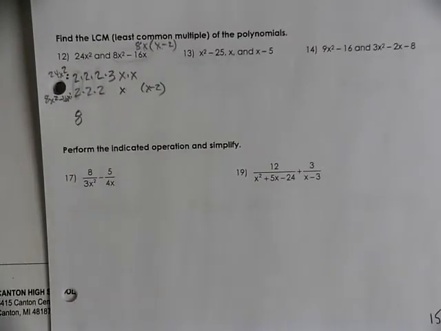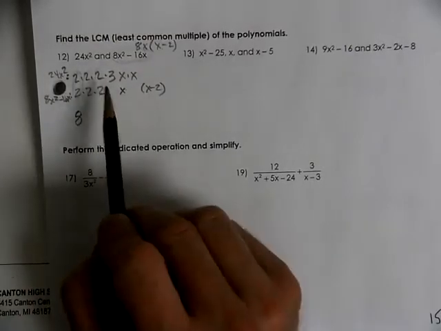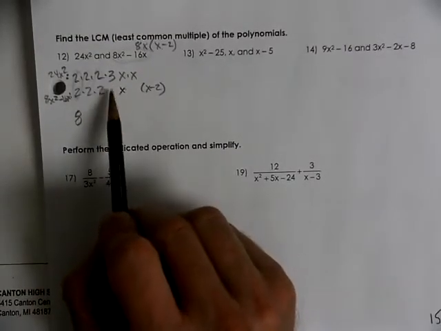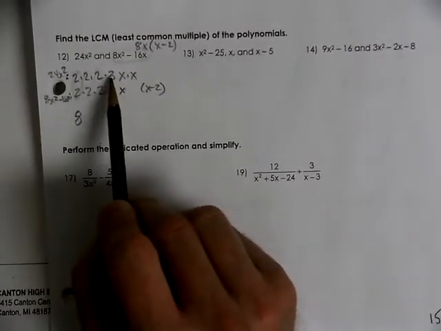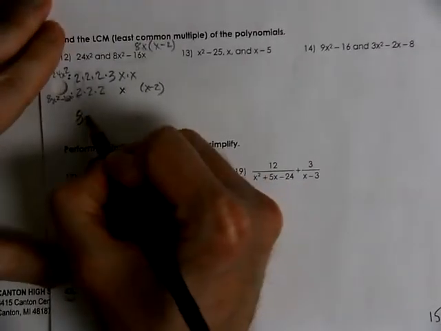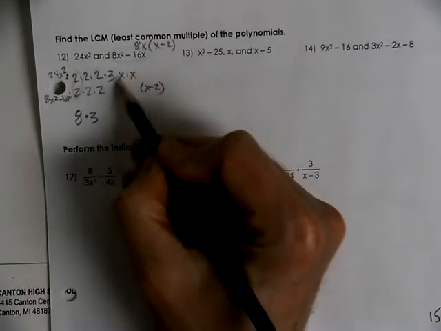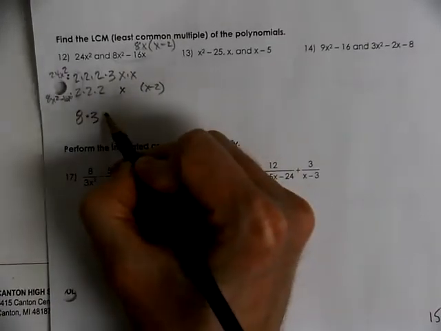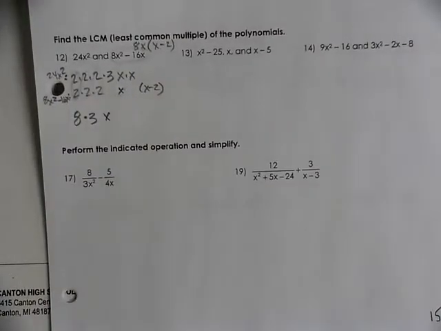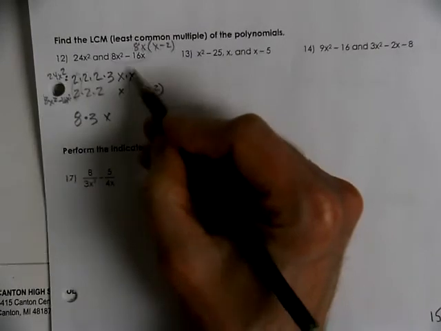So this is kind of like going camping. If you go camping, you need to take whatever is needed by one of the partners. So they need a 3. You've got to bring a 3 along with it. They both need an x. So you're going to bring an x along. One of them needs 2 x's.